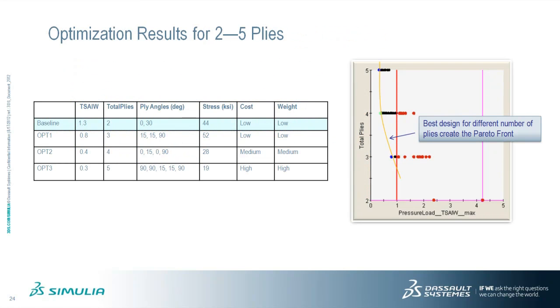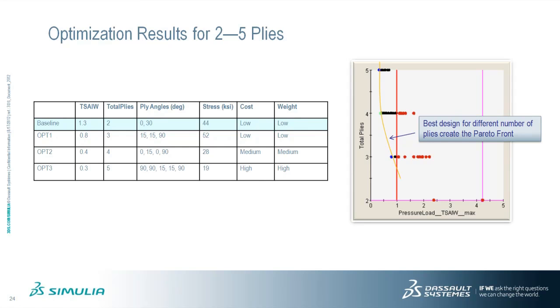Okay, so let's investigate our results a little bit further. We have optimized results for 2 plies, 3 plies, 4 plies, and 5 plies. So this is another way to look at the output. This is called a Pareto front output. And we're looking at, on the bottom x-axis, our Tsai-Wu failure criteria.